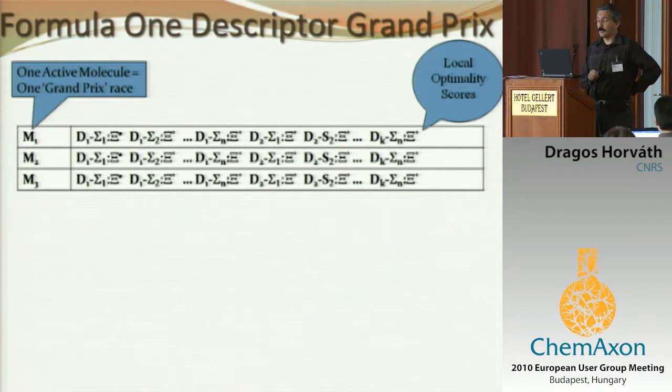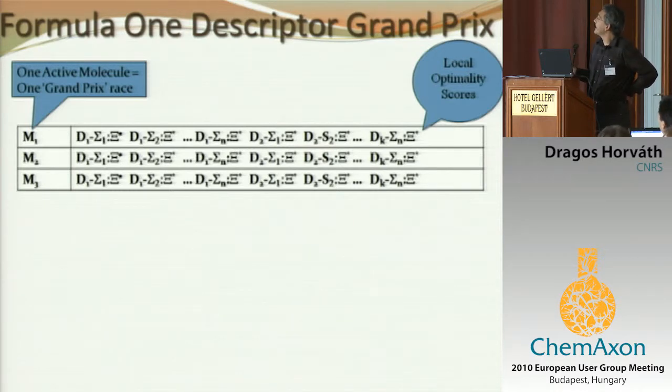And the scoring scheme is actually a Formula 1 race. Why? Because there's the same problem. If a descriptor is a car, then the metric used for neighborhood behavior is the driver. The final score is obtained by the pair of the two, so if neighborhood behavior fails, we don't know whether the descriptors were not good or whether the metric wasn't good.